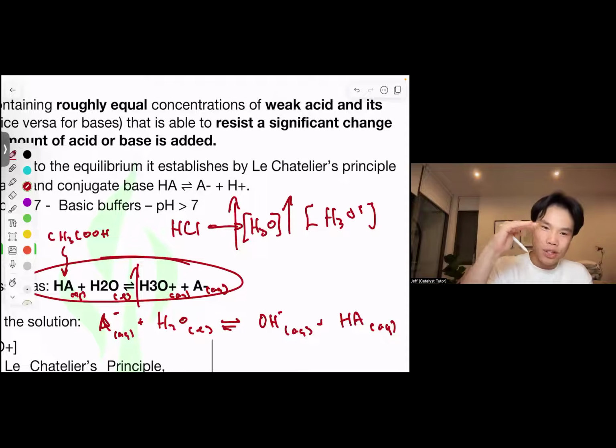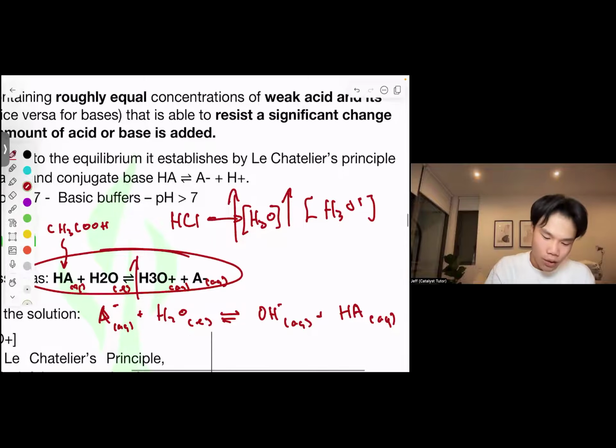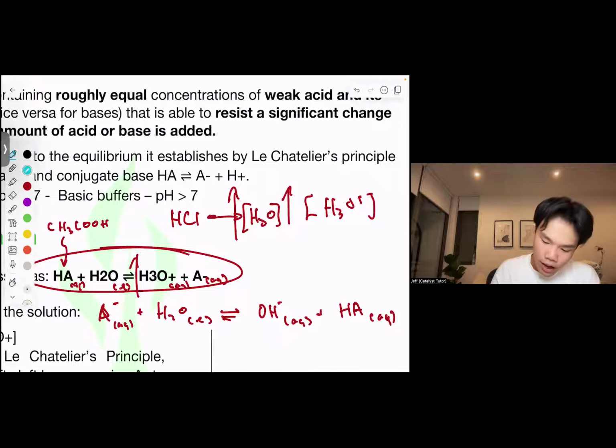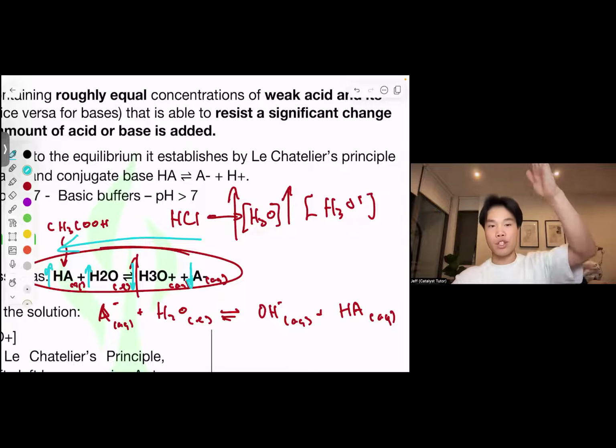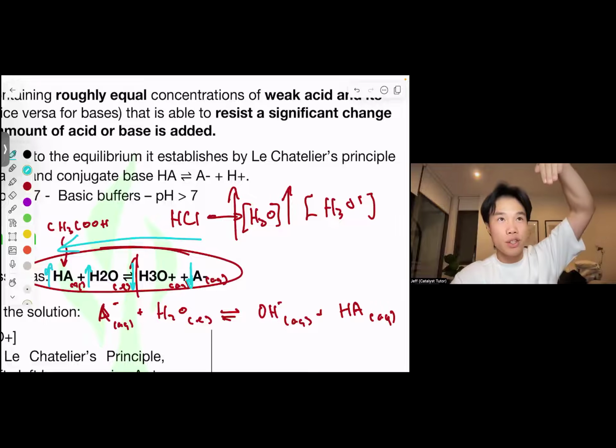The system is going to shift left to get rid of this newly added H3O plus. That will decrease your H3O plus, consume some of your A minus, and make H2O and HA. So instead of your H3O plus concentration just increasing by the amount of HCl you've added, does everyone see that all that H3O plus you just added is being consumed by the system in this resistance?